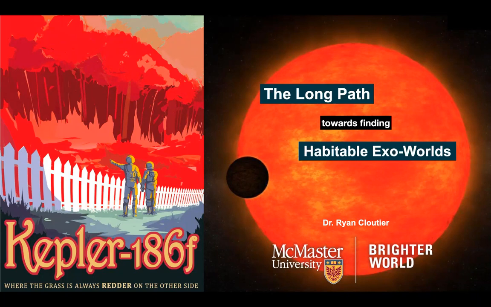I am an observational astronomer. So I approach this problem of finding and characterizing planets from an observational perspective, from the use of telescopes, as opposed to some of my colleagues across the hall at McMaster who will use computer simulations to tell you about how those planets form and evolve, for example. I come at this from an observational perspective.